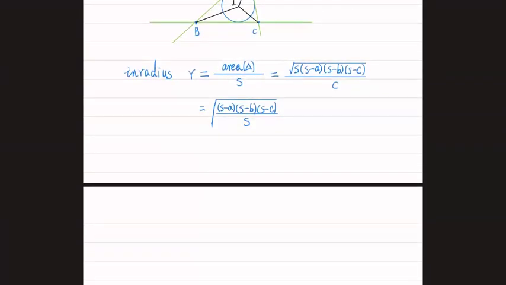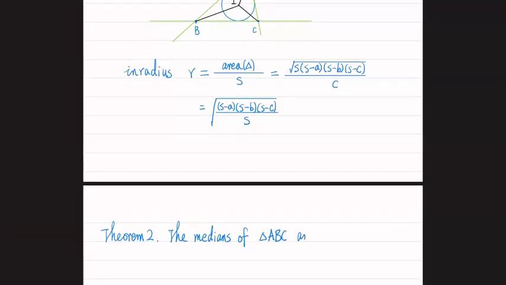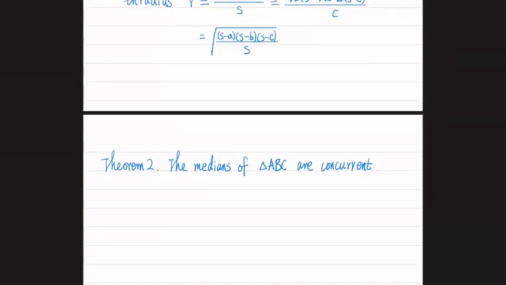Our second construction is about the medians. The three medians are also concurrent. So this point of concurrency, we call it the centroid.